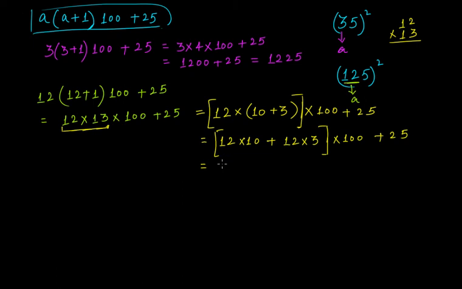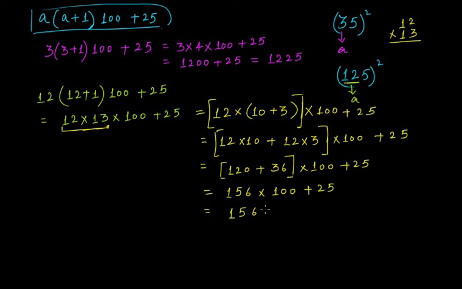From here you get (120 plus 36) times 100 plus 25, and from here you get 156 times 100 plus 25. From here you get 15600 plus 25. So this gives you 15625. Okay, if your number is, let's say, 95, in that case your a will be 9. If your number is 205, in that case your a will be 20.